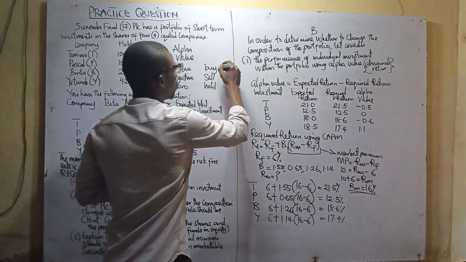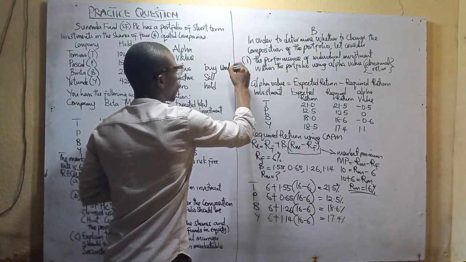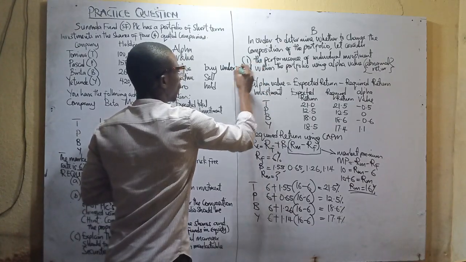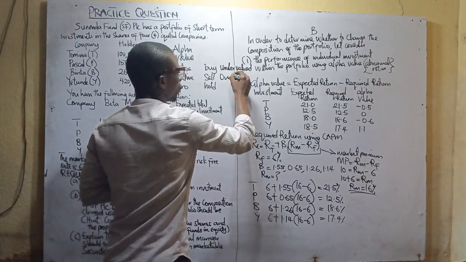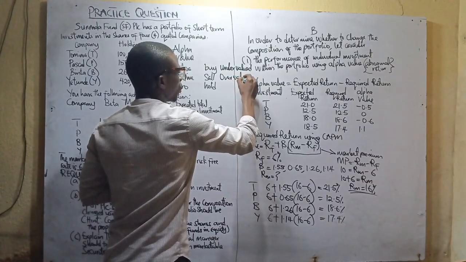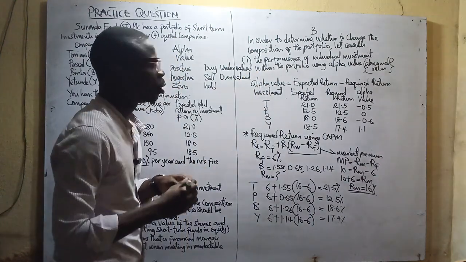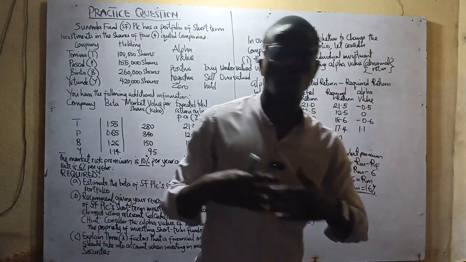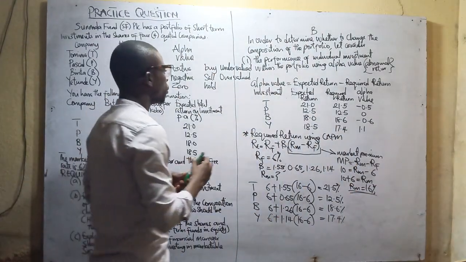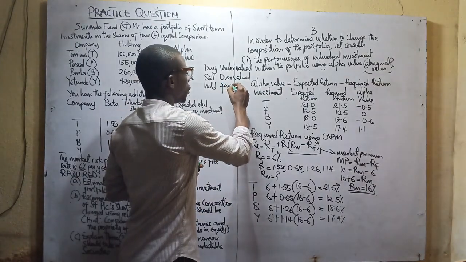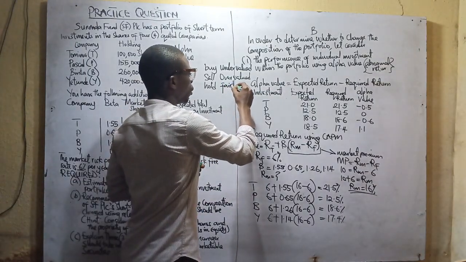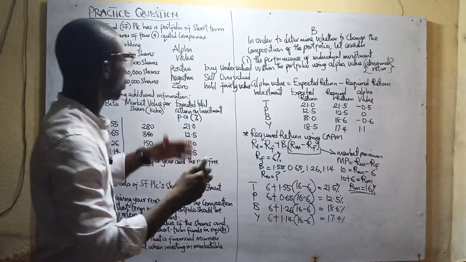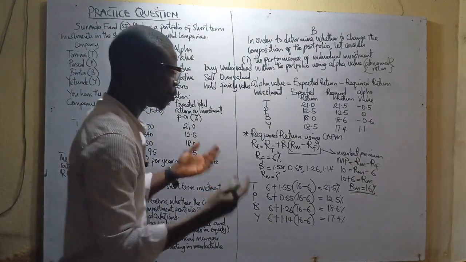This means undervalued. This is overvalued. So when it is 0, it means do not buy or sell. It is fairly priced, fairly valued. So you should neither sell nor buy.